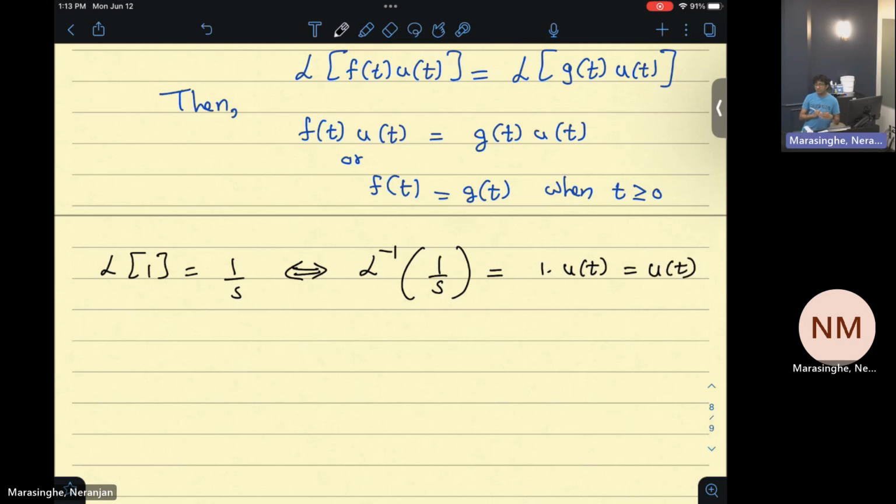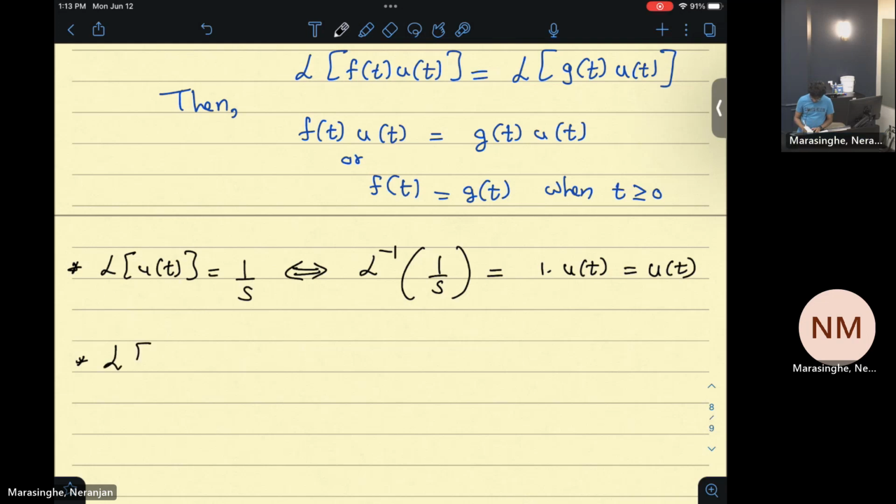Okay, u(t) is a step function. So here also I would write u(t), then you have no confusions.